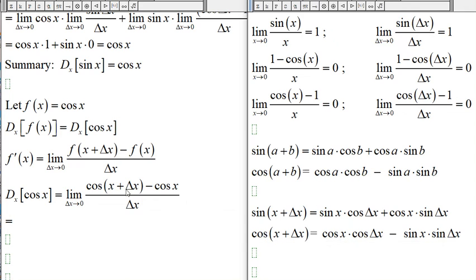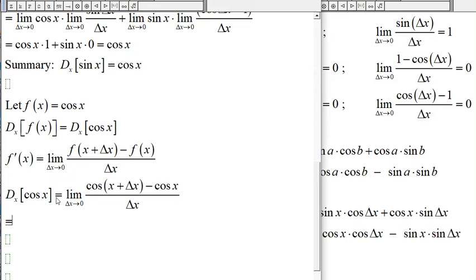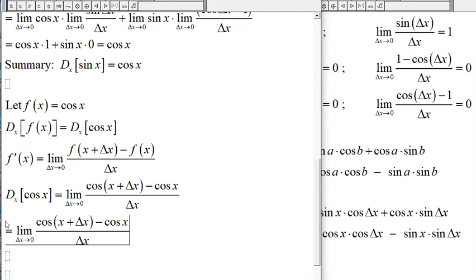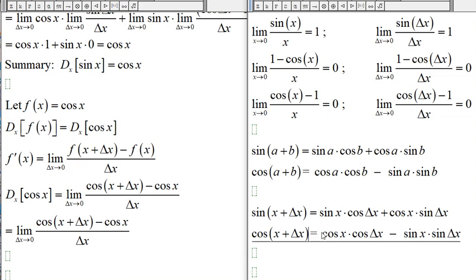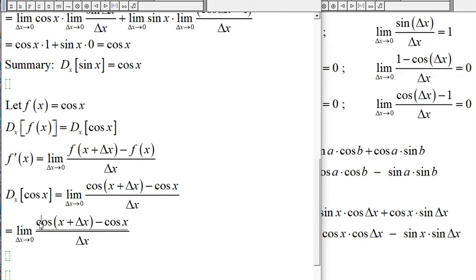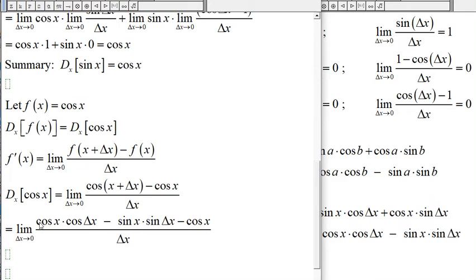In the place of cosine of x plus delta x, we have the identity cosine of x times cosine of delta x minus sine of x times sine of delta x. So we'll replace it with this identity.